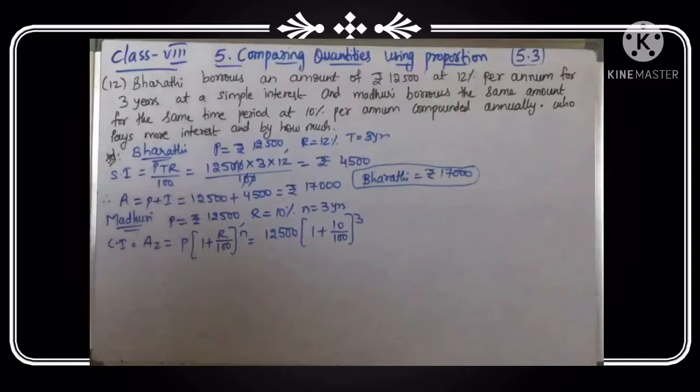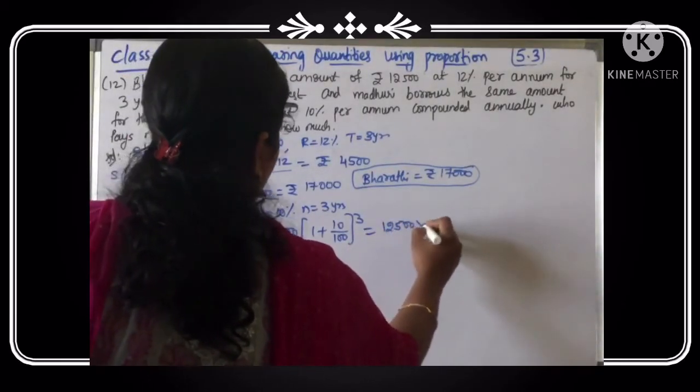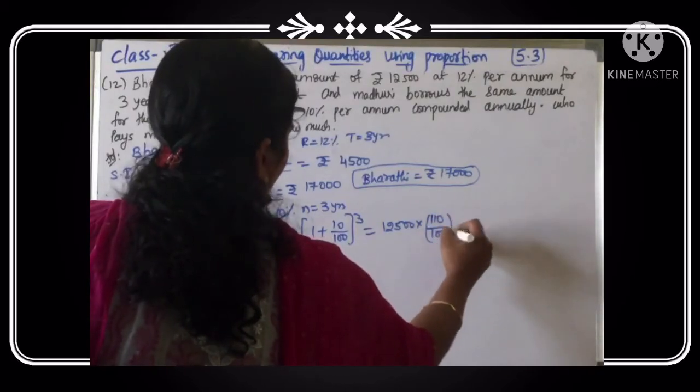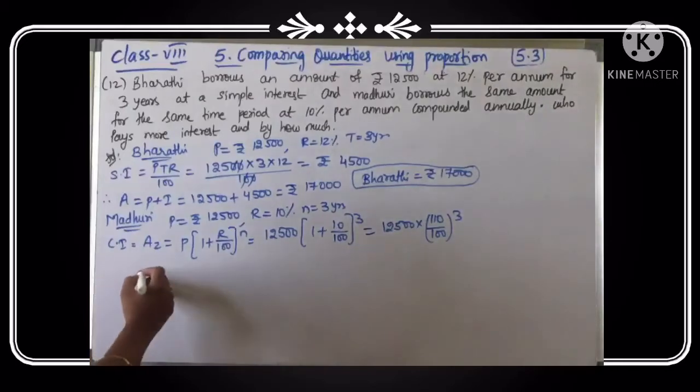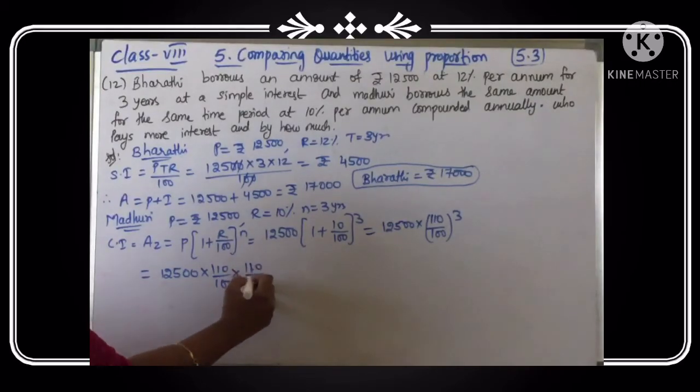So here we get 12,500 into 100 plus 10, 110 by 100 whole cube. That is 12,500 into 110 by 100 into 110 by 100 into 110 by 100 because the power is 3 here.